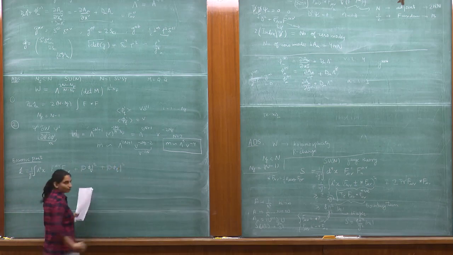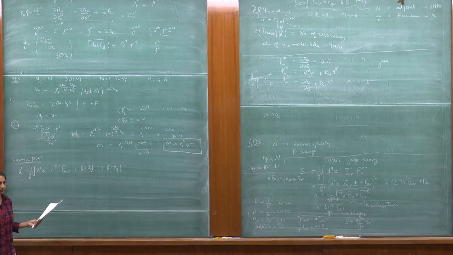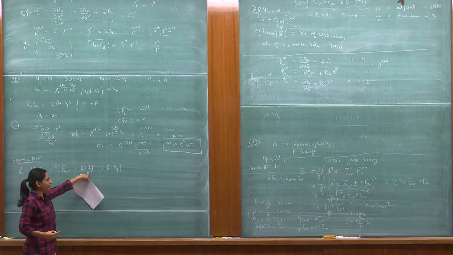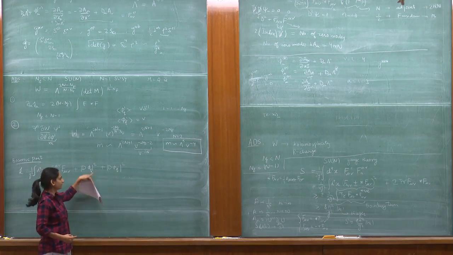This is the bosonic part of the action for the N equals 1 supersymmetric case with one flavor. It's SU(2) with one flavor, so there is 1 phi, 1 q and 1 q bar.